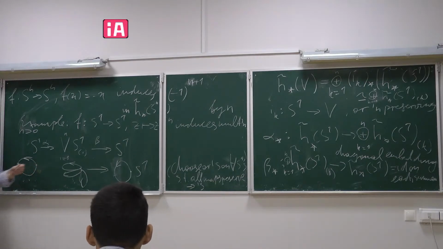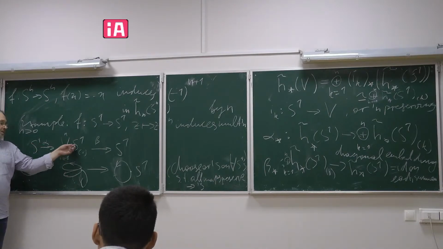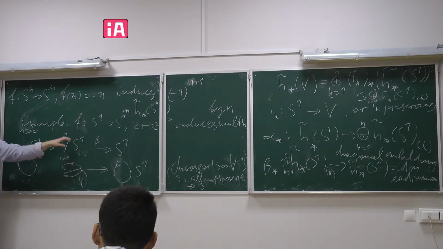No. Okay, so we have two circles. First this circle here, from which we are taking a map, and then we have a summand of the wedge. Let's identify them in an orientation preserving way, so they become the same circle. And then we have a map which is as follows.